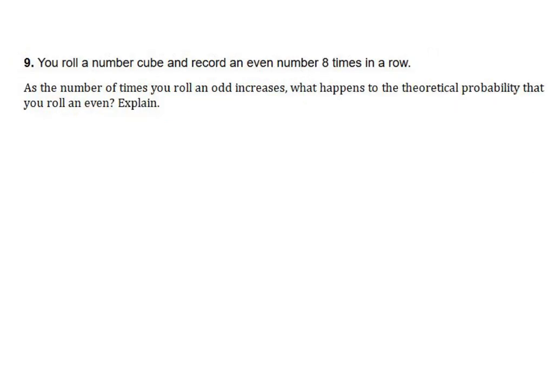On to number 9. You roll a number cube and you record an even number 8 times in a row. Okay, so while this is very unlikely, you could technically roll an even number 8 times in a row. It's a 6-sided die, and there are 3 even numbers, 2, 4, and 6. So you have a 3 out of 6 or a 50% chance, so 0.5 for all of these.